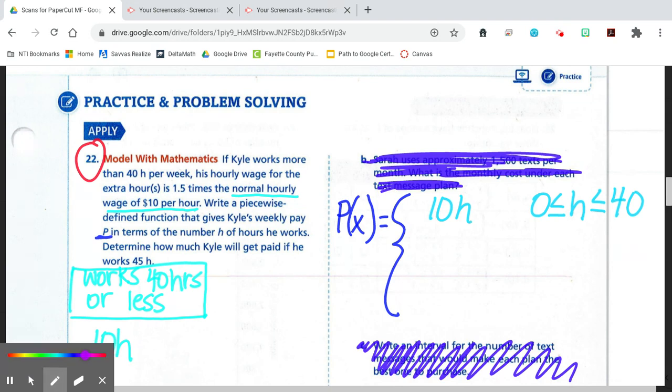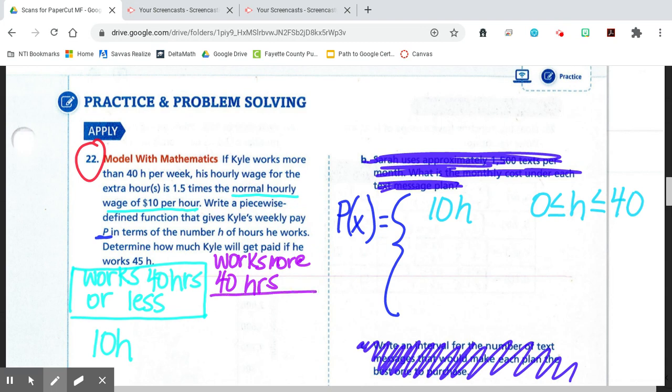Scenario number two is if Kyle works more than 40 hours. Okay, it says if Kyle works more than 40 hours, his hourly wage for the extra hours is 1.5 times the normal hourly wage.